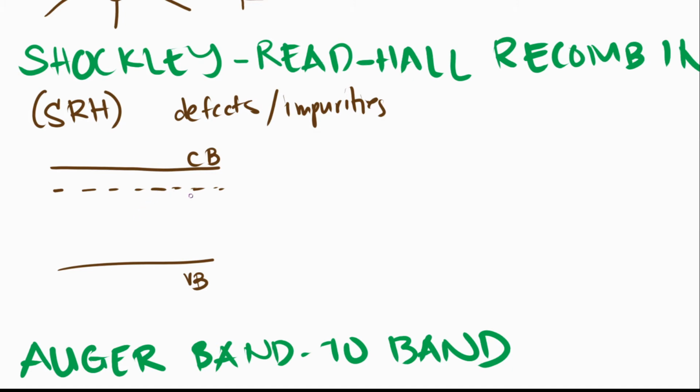Though, pwede natin siyang i-force by doping, but defects and impurities can also produce these defect levels, or what we call the trap levels, E_T. These defect or impurity levels allow the two-step recombination of our electron in the conduction band with a valence band hole.